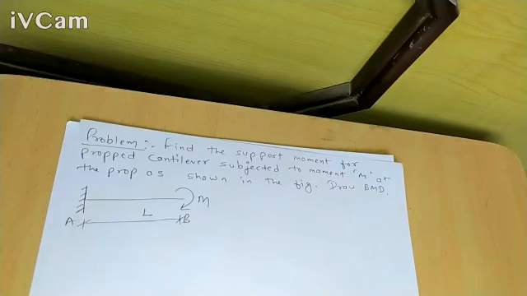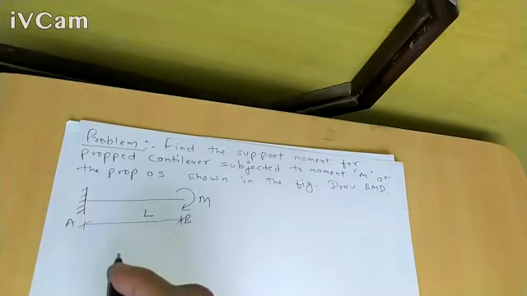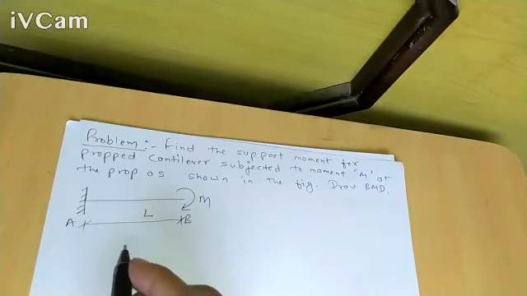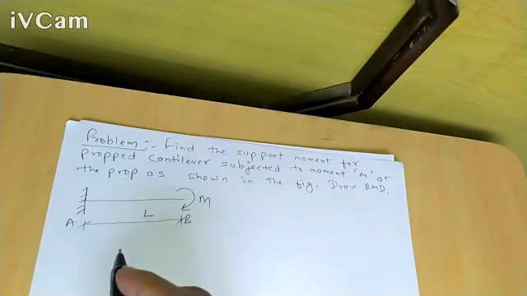The first one: if you just consider the moment M only, and we have removed the friction at this A, you will get the moment like this. This is M, because of the bending moment diagram. Remove friction at A.